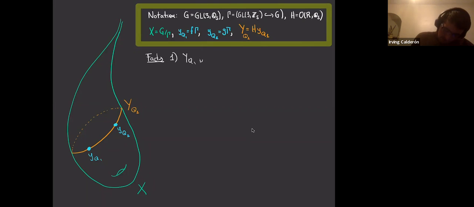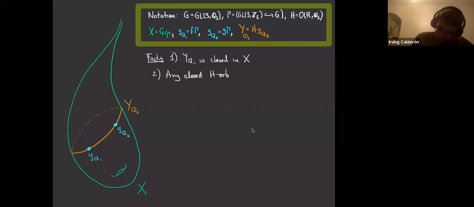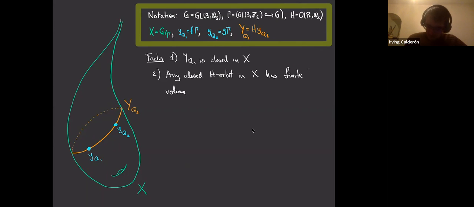YQ1 is closed in X. And a second fact that was also true in the C equivalence is that any closed H orbit in X has finite volume. So this is with respect to the H invariant measure.